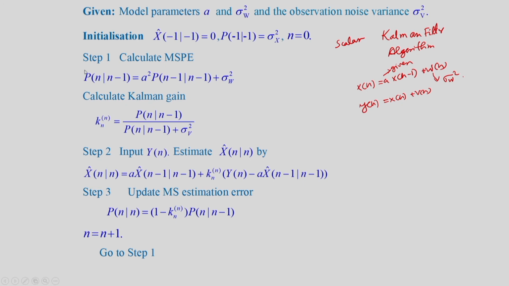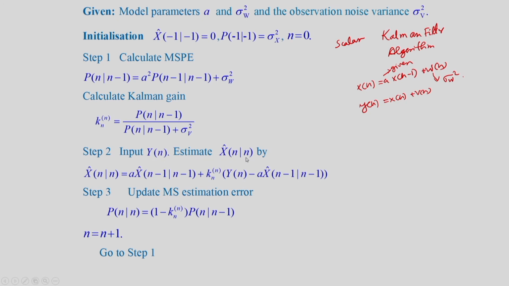Once this mean square prediction error is calculated, we can calculate the Kalman gain, that is given by k n is equal to P of n given n minus 1, divided by P of n given n minus 1 plus sigma V square. So, we will determine the Kalman gain. Now, we will take the input y n.